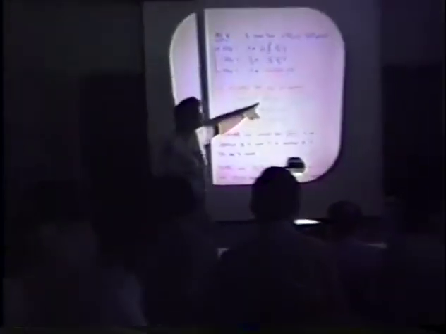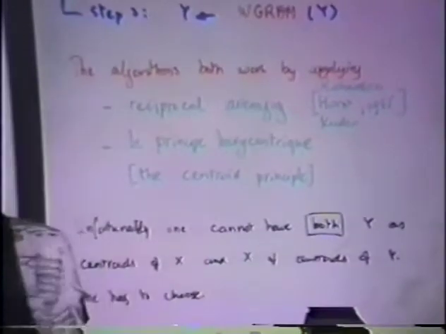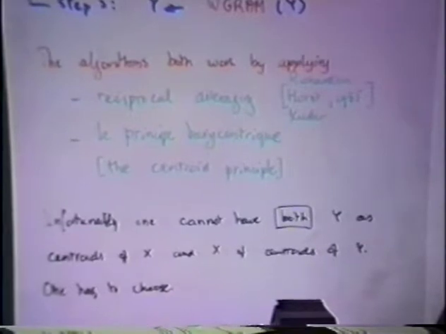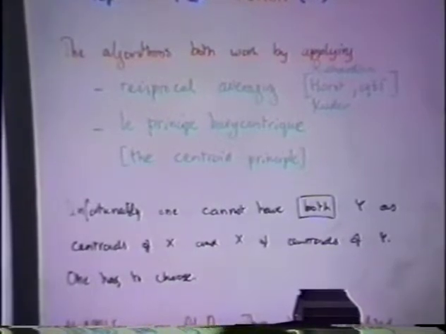The algorithms both work by applying reciprocal averaging, a concept which was introduced by Richardson and Kuder and Horst in the mid-30s, in a somewhat different, but closely related context. And I already mentioned the French name, le principe barycentrique, translated as the centroid principle.